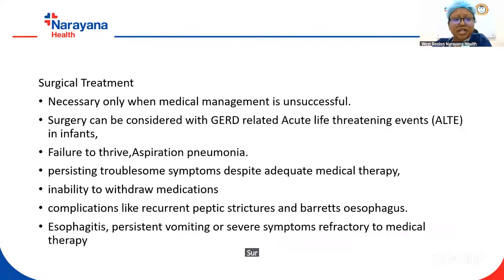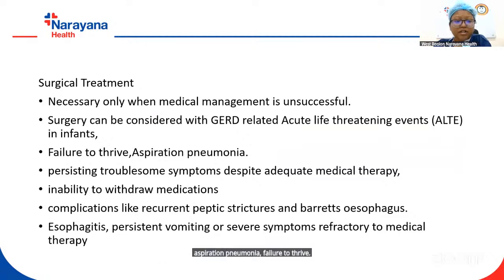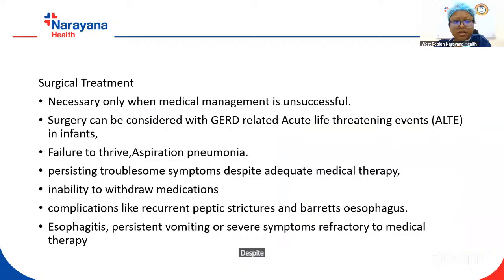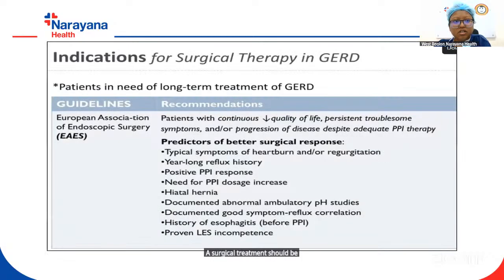Surgical treatment is necessary only when medical management is unsuccessful. Surgery should be considered when GERD is related to acute life-threatening events, aspiration pneumonia, failure to thrive. Whenever there are troublesome symptoms despite adequate medical therapy, and persistent vomiting or severe symptoms refractory to medical therapy, surgical treatment should be considered.